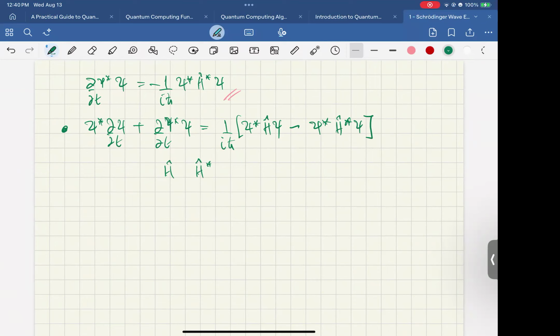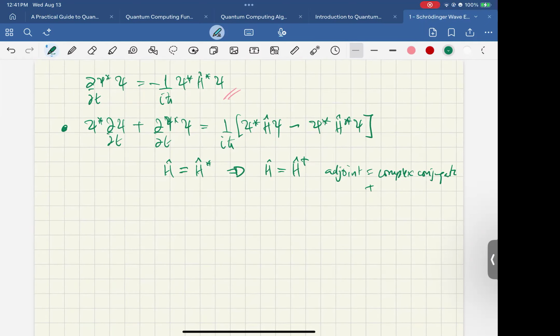Well, if you recall from 122, I suppose, they are equal to each other. In general, the Hamiltonian is equal to its adjoint. What is the adjoint again? The adjoint is the complex conjugate and transpose.